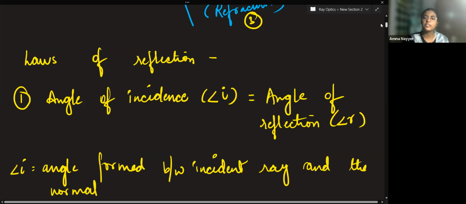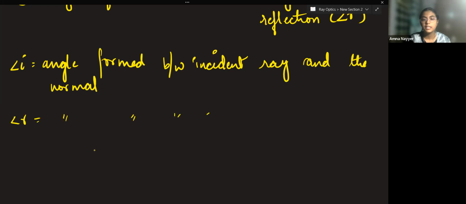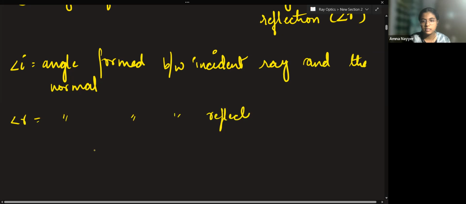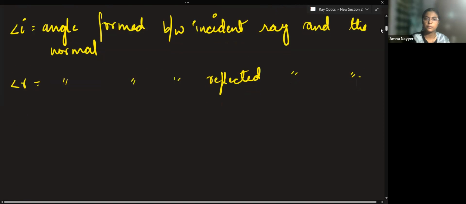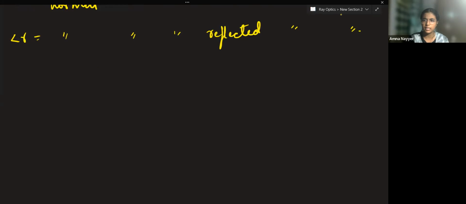And angle of reflection is the angle formed between the reflected ray and the normal. Just understand what is meant by the first one. It's easy, very basics. All of you will be able to understand this.